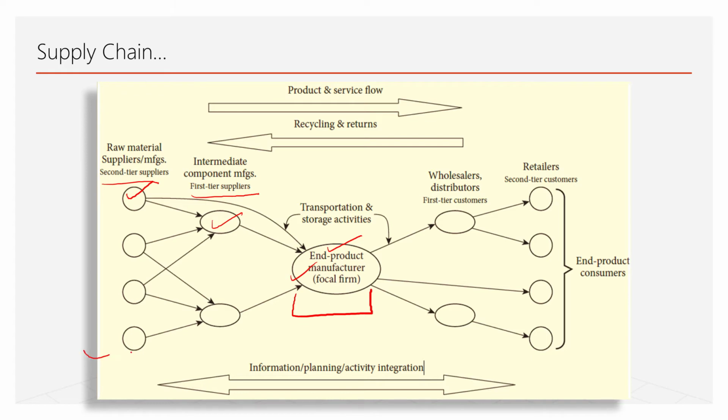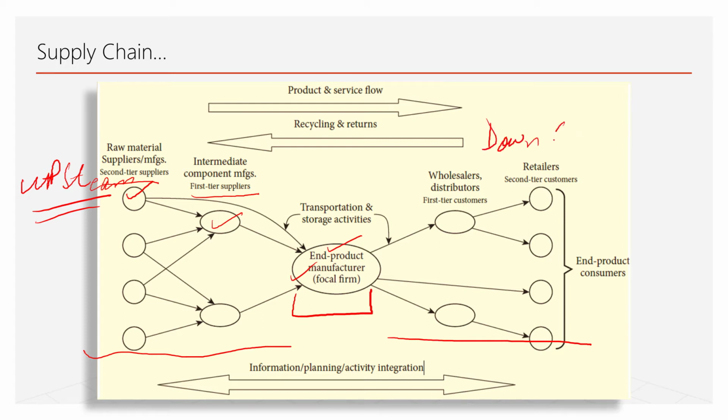So these activities, or you can say these streams, would be called upstream supply chain processes, or you can say the upstream supply chain perspective. Whereas when we are talking about this one, this is called the downstream supply chain, where we have the wholesalers and the distributors. Okay, and then we have the retailers and the final customers, right?